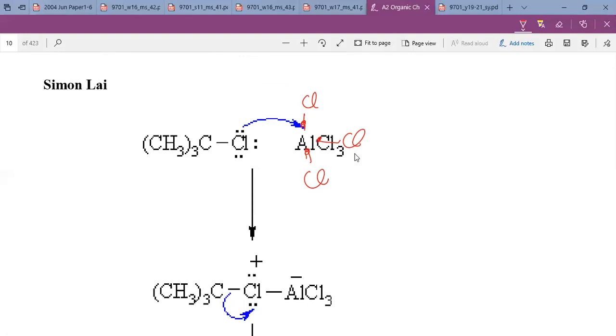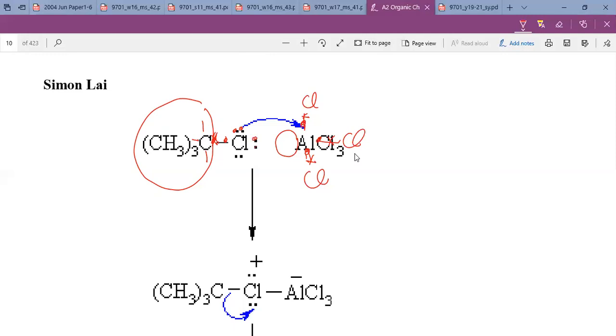Remember AlCl3 is covalent, so there's an empty space here. This of course is carbon, the alkyl group, CH3. This is your cross, and there's a dot here. This is how your dots are.